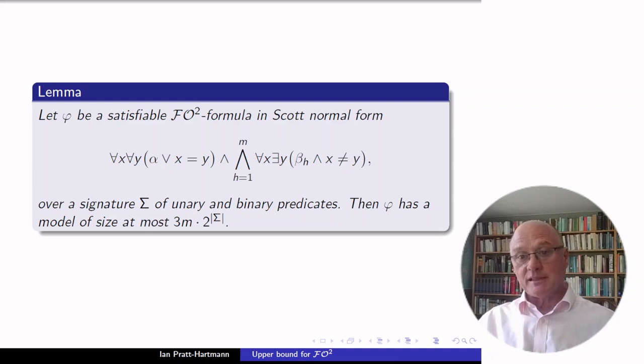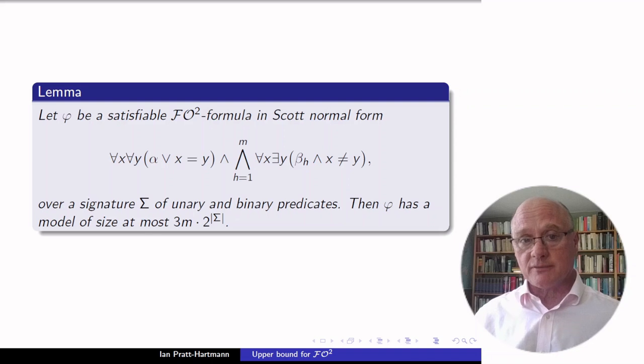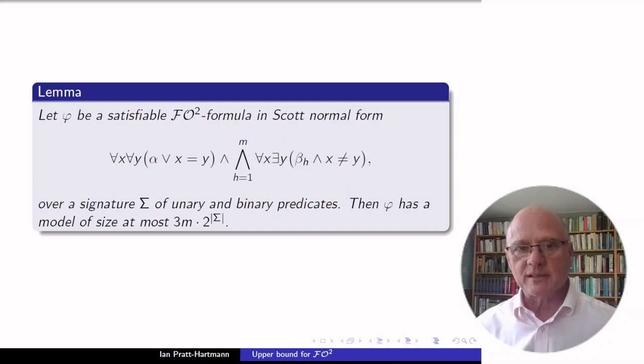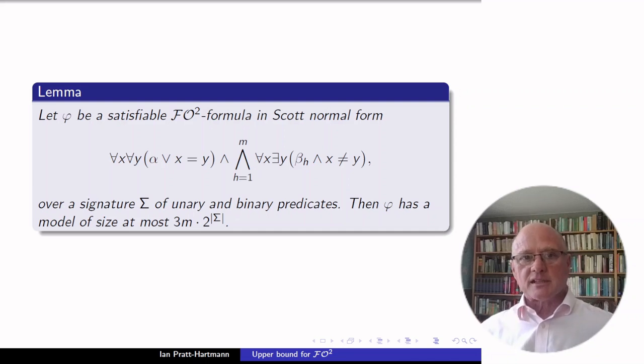The important part is that the bound is exponential in the size of the original formula. Let's see why this lemma is true, and then we'll use the lemma to prove decidability of the two-variable fragment for satisfiability.